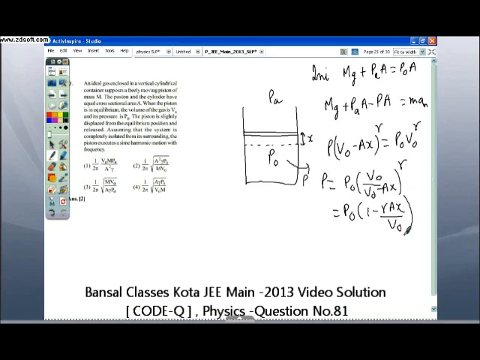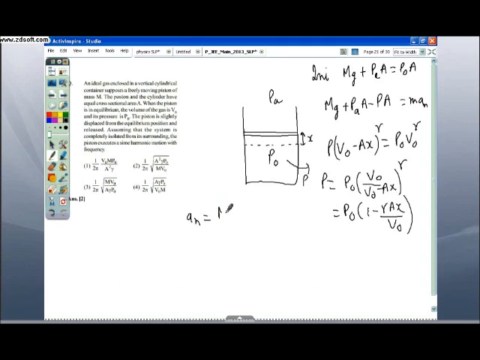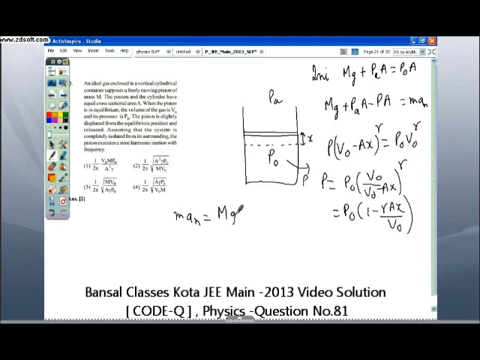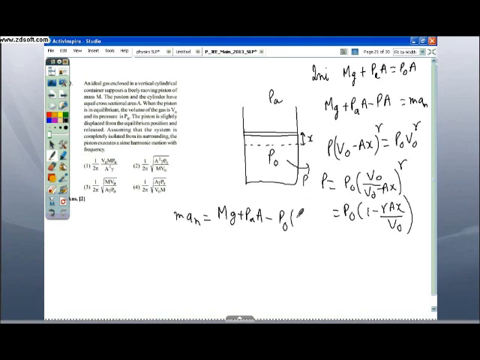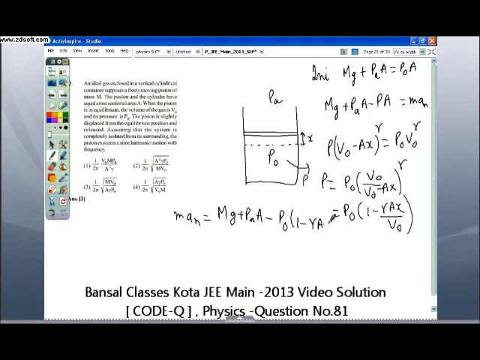So when we substitute it over there, then mass into acceleration comes out to be mg plus P atmospheric into area minus P naught into (1 minus gamma AX upon V naught) times A. Right?